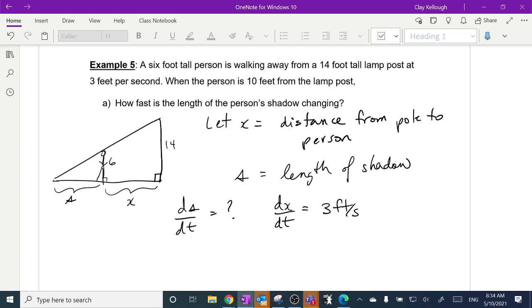Okay. So that means ds by dt should be shrinking. Oh no, I guess it should be, no, it's probably getting longer. Sorry, it'll be getting longer. And we want to find this when x is 10, right? And of course, x is changing at a certain rate, so that's going to be like an instantaneous change.